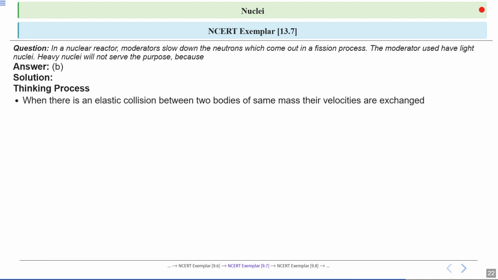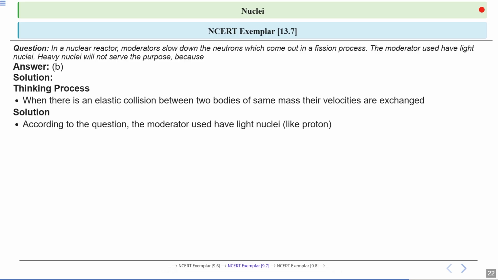The thinking process for this question is that when there is an elastic collision between two bodies of the same mass, their velocities are exchanged. According to the question, the moderator used has light nuclei like protons.